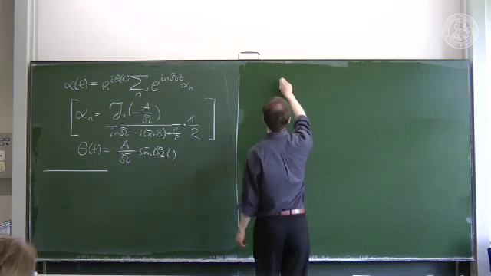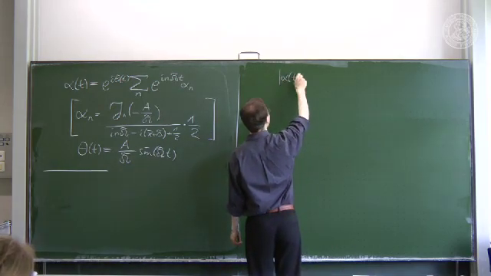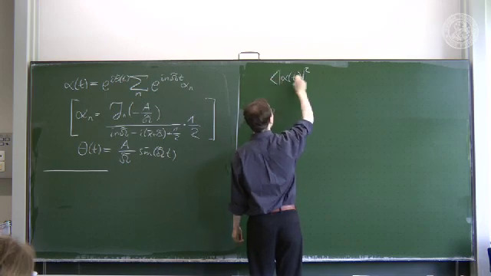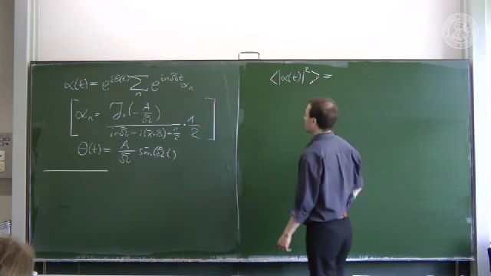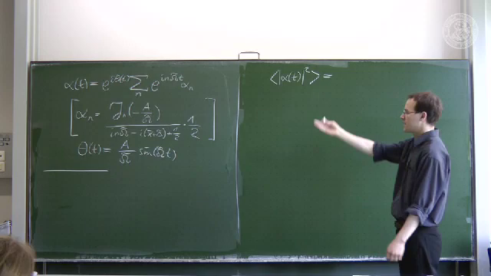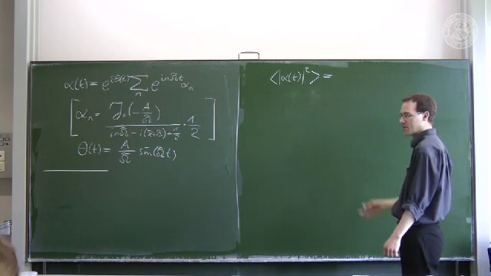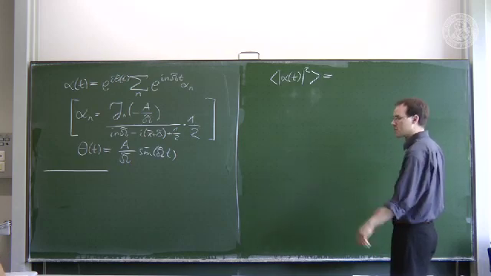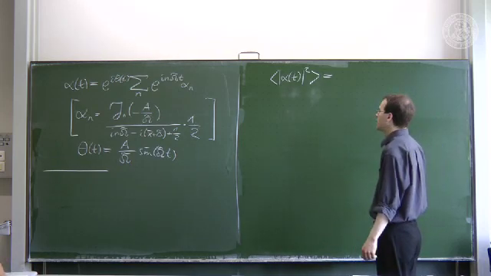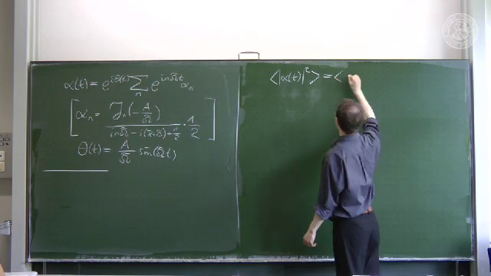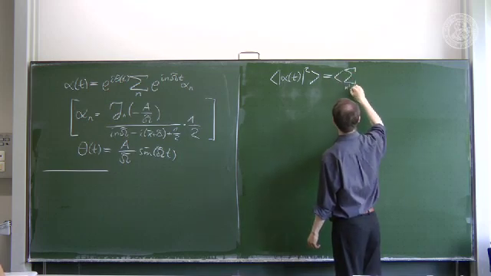So for example, what's the average intensity? Well, I take the expression for alpha of t. The phase factor doesn't matter. It drops out when I take the magnitude squared. And apart from that, I just get a double sum.